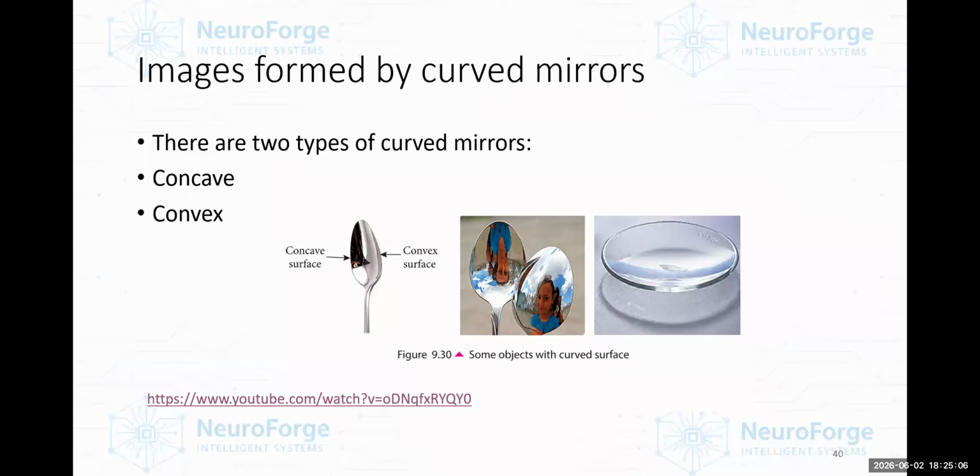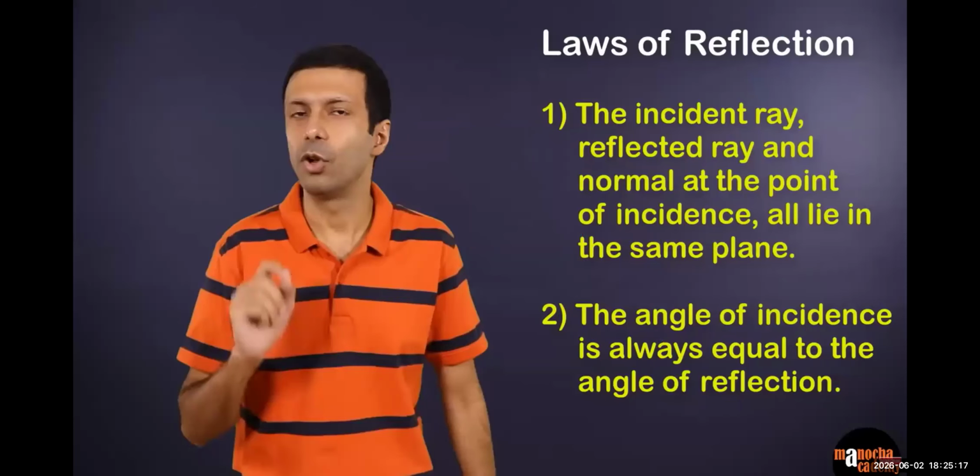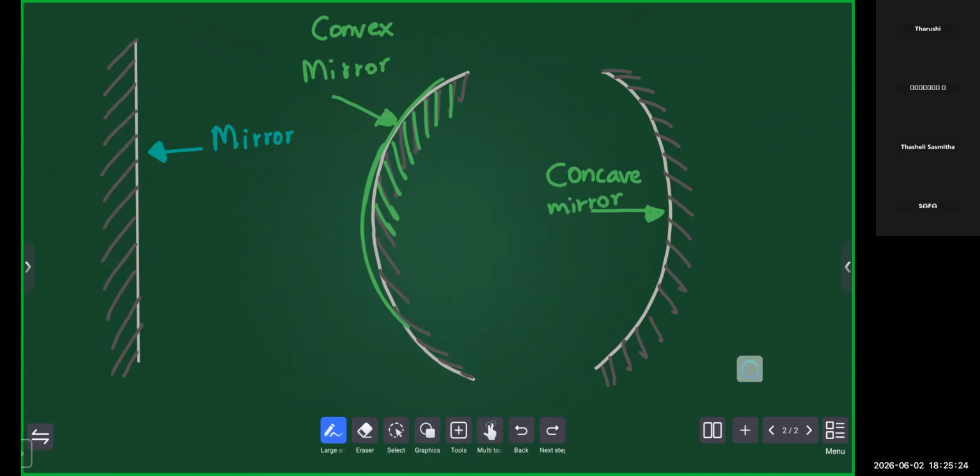What are the laws of reflection? Okay, I think simply you have to know what that is: the incident ray and the reflected ray. Let me stop sharing here and explain that as well.